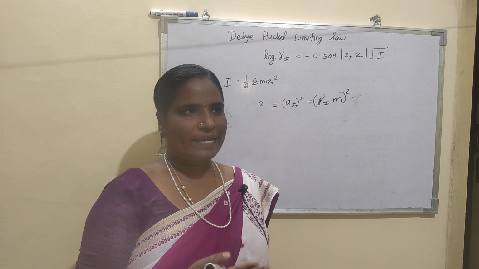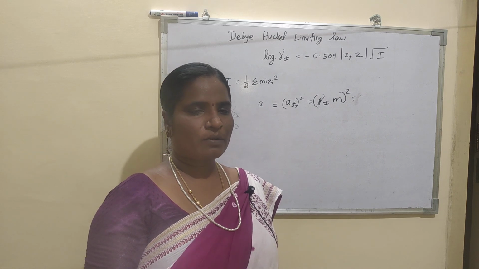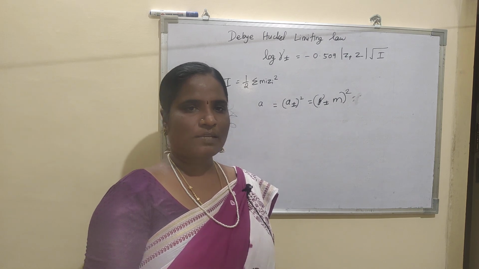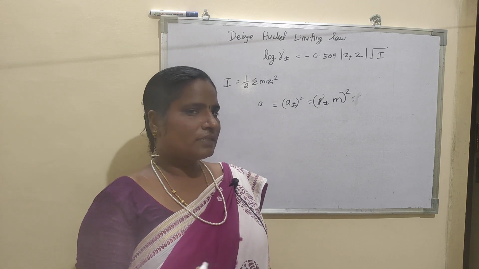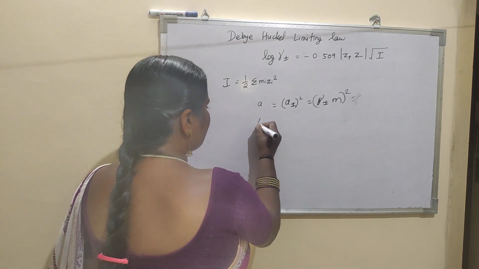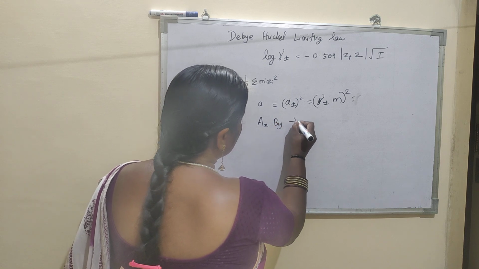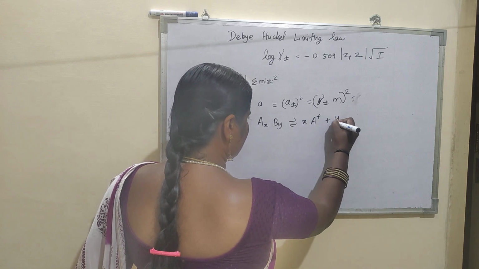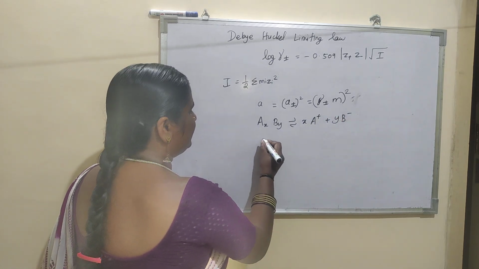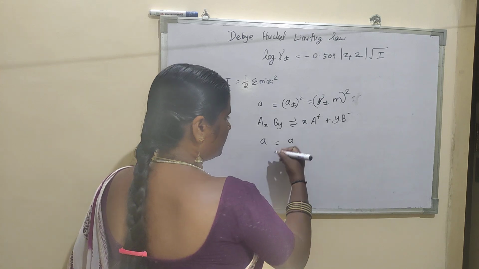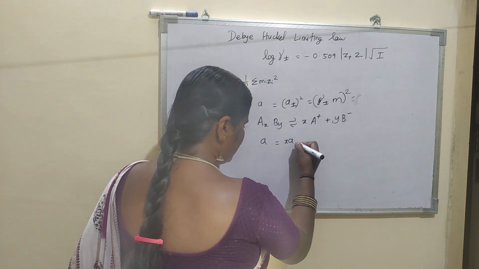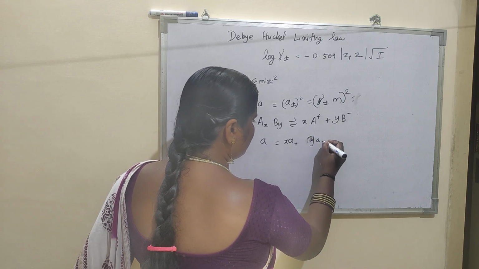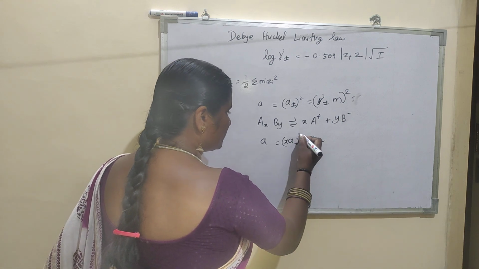How about for any electrolyte? Suppose I have aluminum chloride or barium chloride or sodium sulfate. So there the number of ions are changing, and charges are also changing. So for generalized electrolyte, we will write the formula. For example, I have the electrolyte called AX and BY. So it gives the ions called X times the A plus, Y times the B minus. So the activity will be the activity of plus into the activity of minus, and you have to take the power, whatever the number comes.